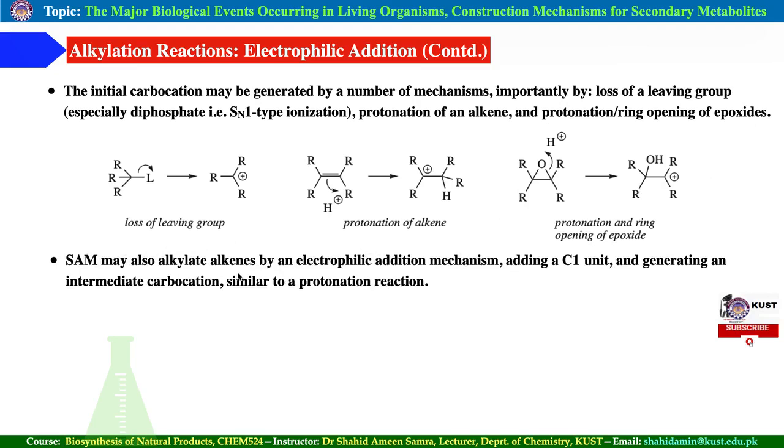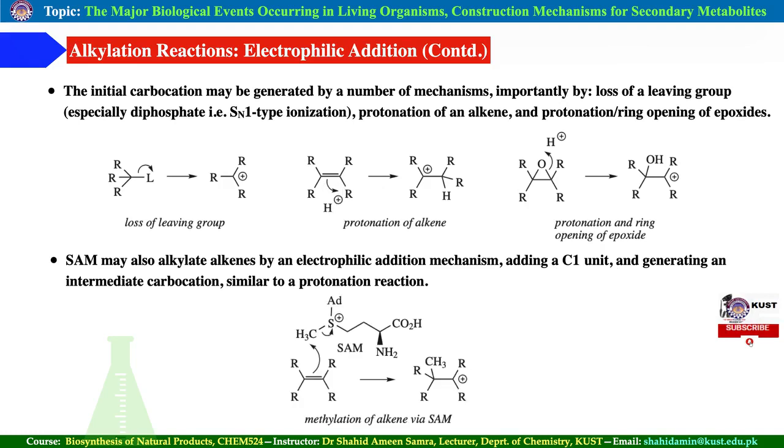SAM, as we discussed in the nucleophilic type alkylation reactions, may also alkylate alkenes by an electrophilic addition mechanism, and it will provide a C1 unit and generate an intermediate carbocation, similar to what we have seen in the case of the protonation reaction.